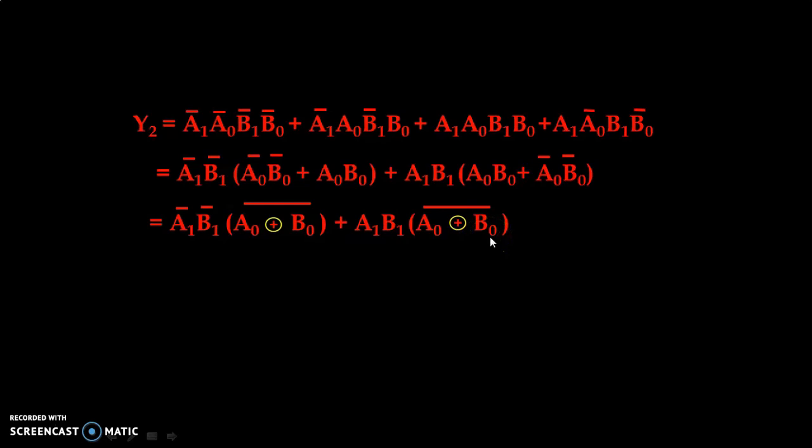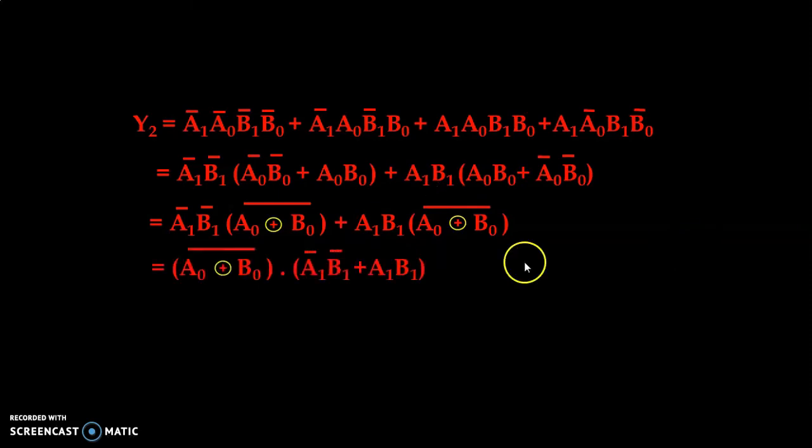Now again, if we take common the exclusive NOR gate term, then we have our equation like this. So exclusive NOR gate a0 and b0 dot, we have a1 bar dot b1 bar plus a1 dot b1. Now again this term indicates exclusive NOR gate.